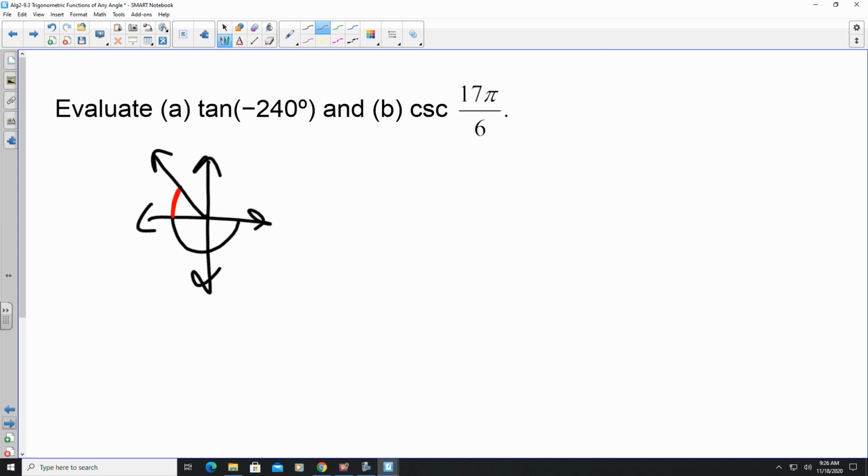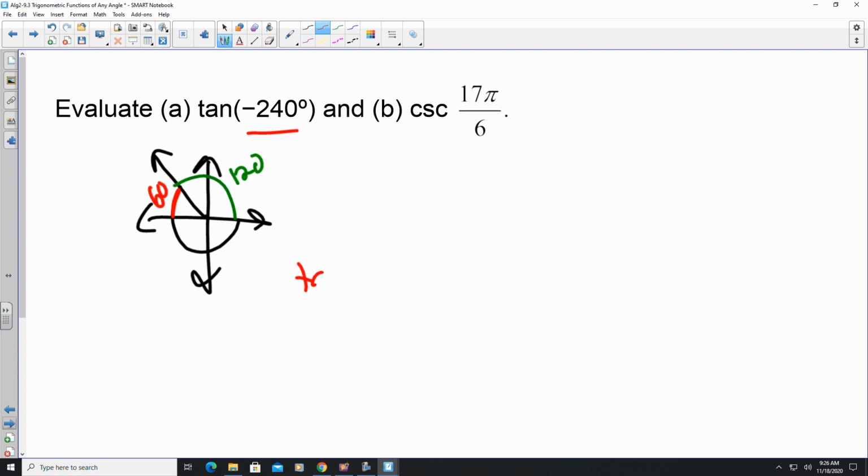To find that, I'm just going to take 360 minus 240, which means that this angle right here is 120, and what's left over is 60. So my reference angle for negative 240 is 60.